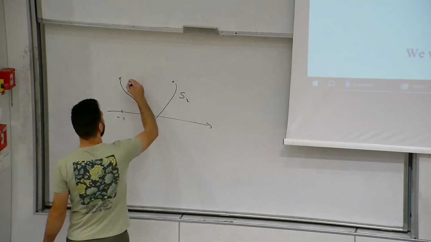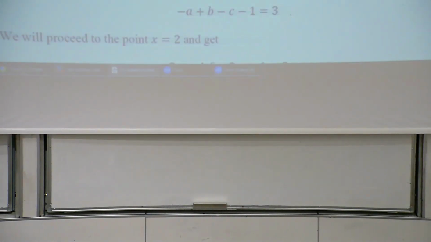S1 we suppose to be ax cubed plus bx squared plus cx plus d, and S2 is ex cubed plus fx squared plus gx plus h.